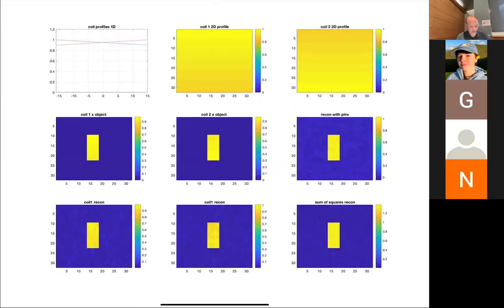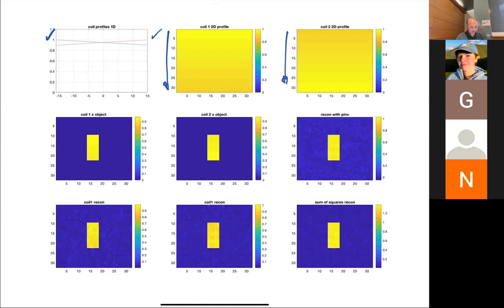Here's an example that's in the code in your homework, where these are the profiles. Each coil is pretty much seeing the same thing: one is falling off this way, the other is falling off this way. These are the coil profiles seen end on.